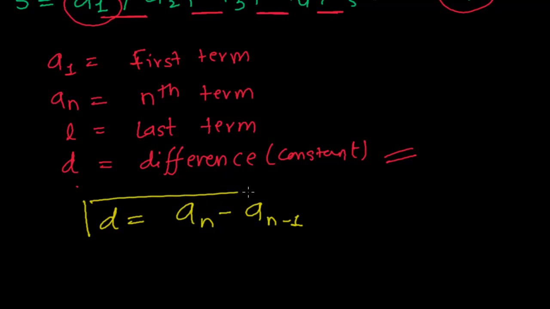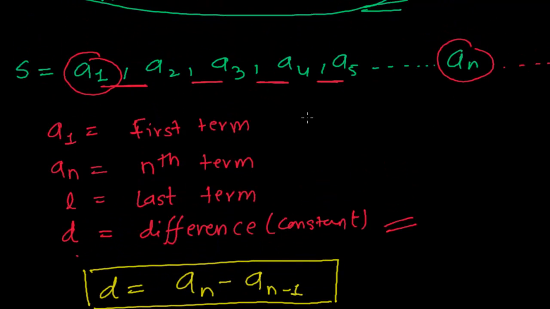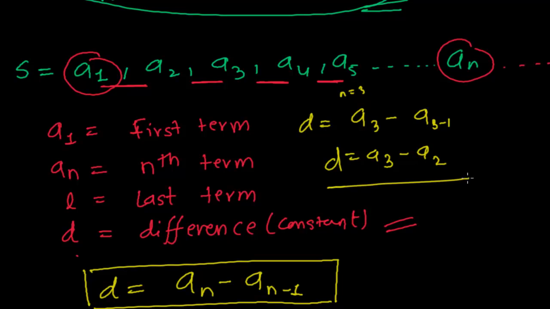Difference is the nth term minus the just preceding term. Suppose if you are taking n equals to 3, then it will be a3 minus a3 minus 1, that is a3 minus a2. So here the difference will be this much.